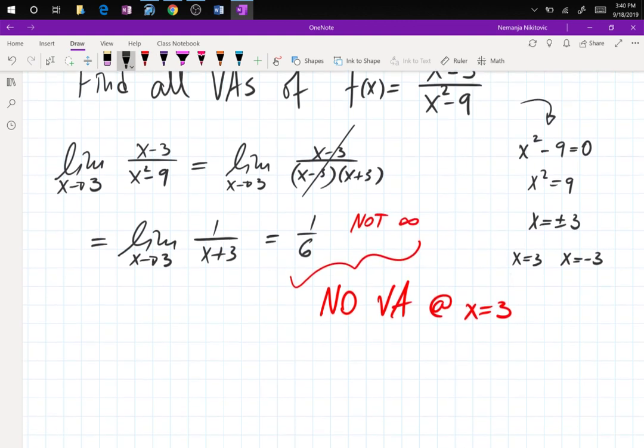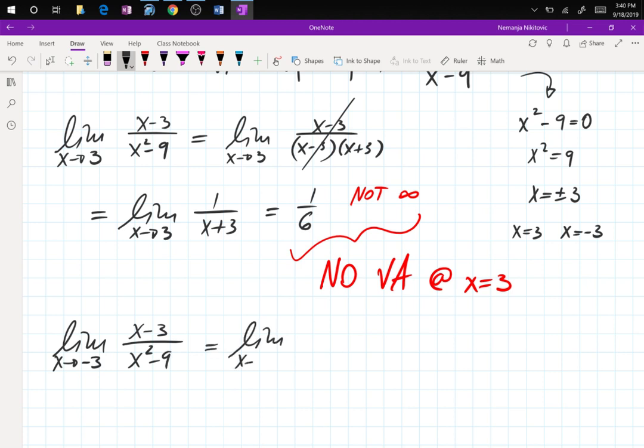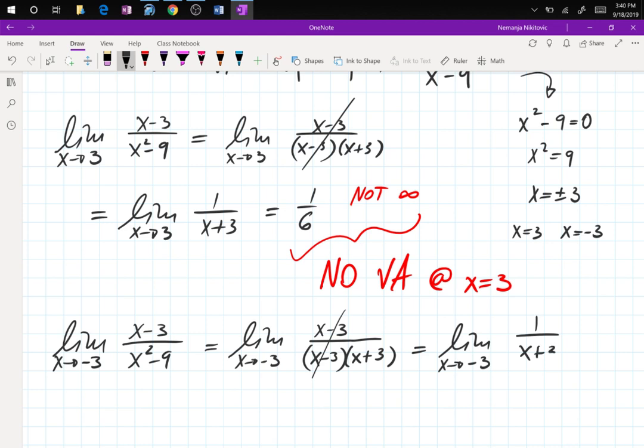Let's go check the other one, negative 3. Same thing. Limit as x goes to negative 3 of x minus 3 over x squared minus 9. You get to factor everything the same, so x minus 3 over x minus 3, x plus 3. These cancel, and we end up with the limit as x goes to negative 3 of 1 over x plus 3.